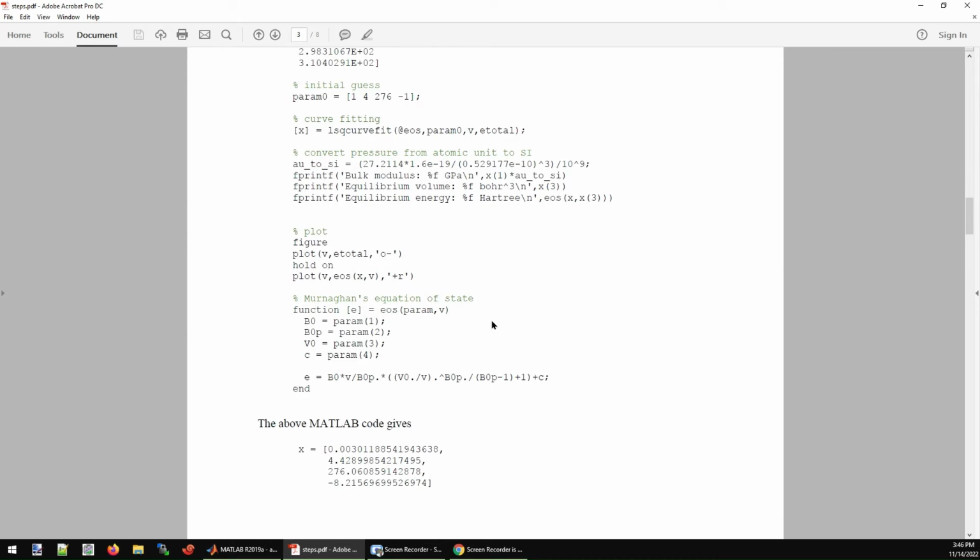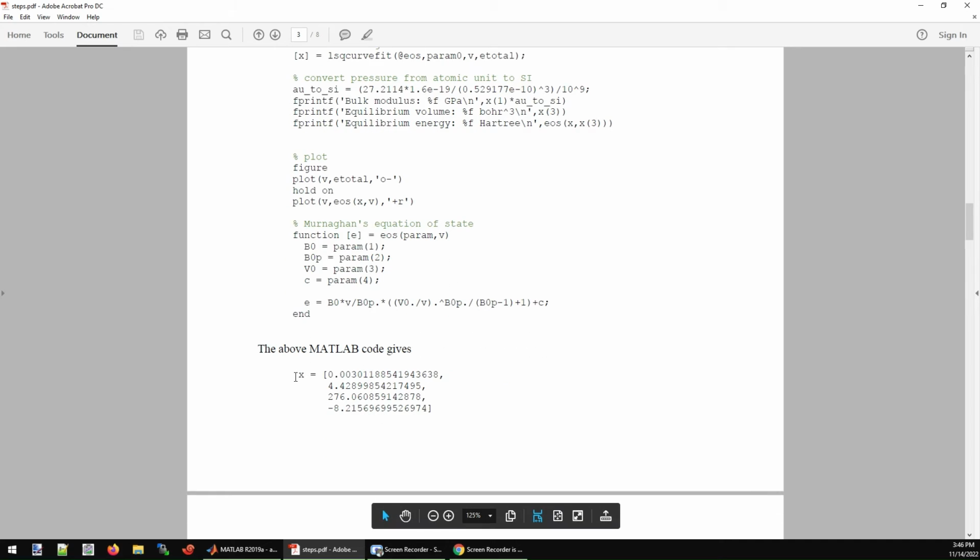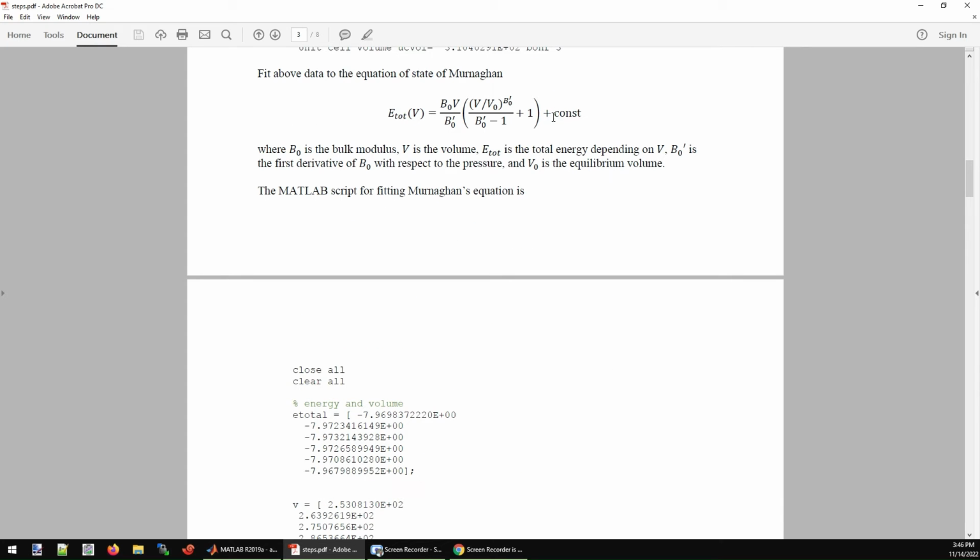After running this MATLAB code, you will get the return values of X. The first one is the bulk modulus of our silicon diamond structure. The second one of X is the dB/dP. The third one is the equilibrium volume. The last one is the constant, which is the equilibrium energy.